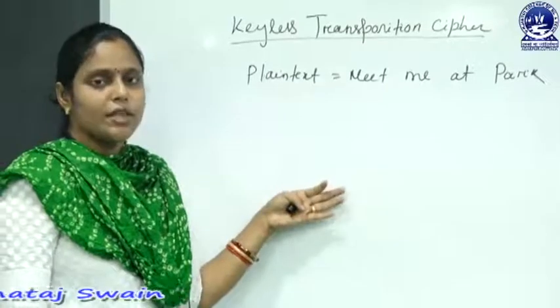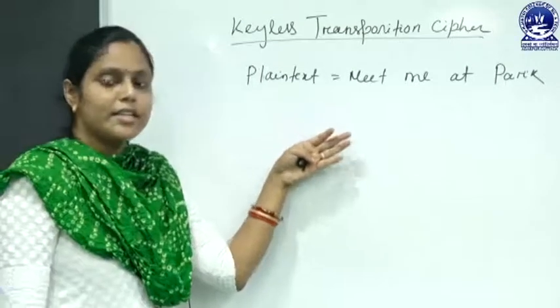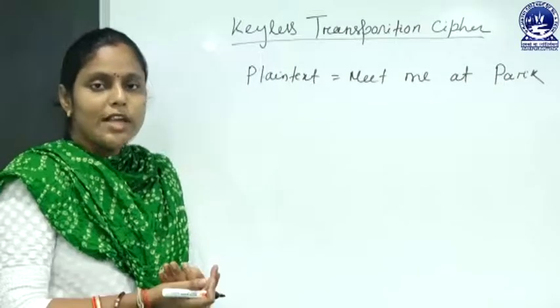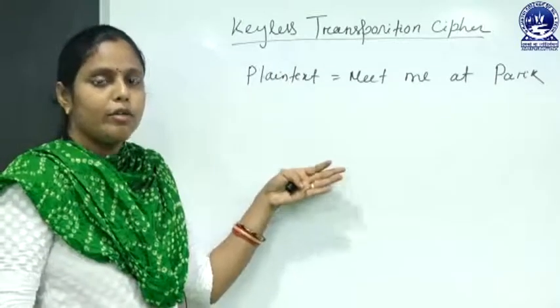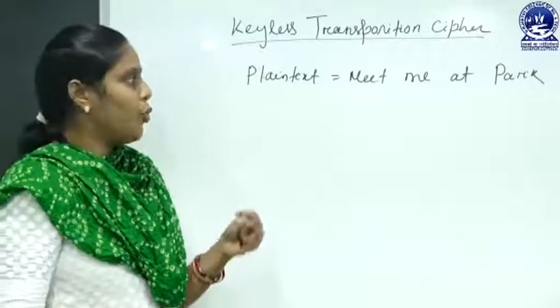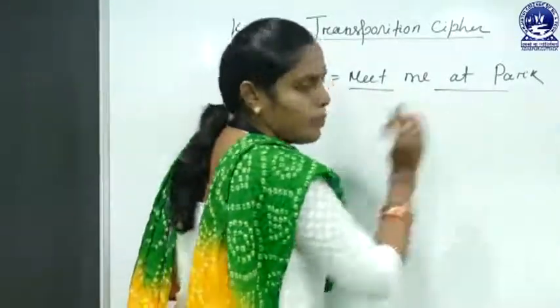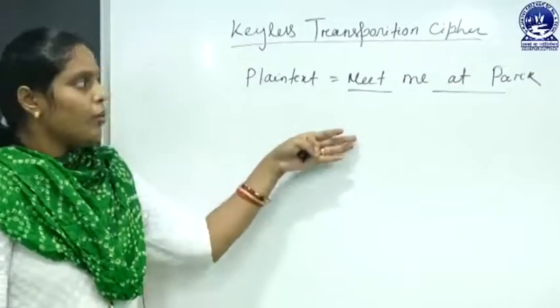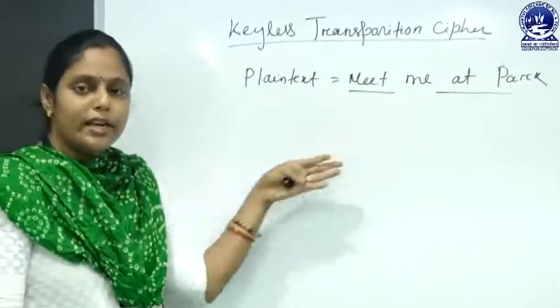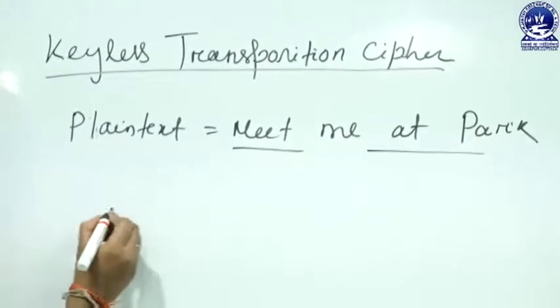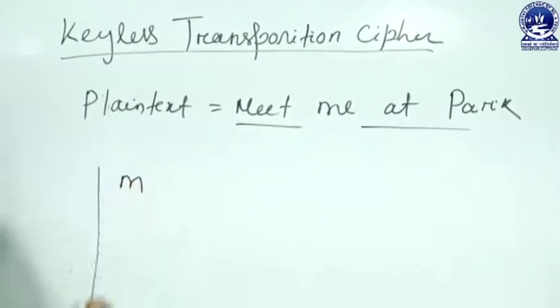In the first method, the plain text is written column by column, and to create the ciphertext, it is read row by row. For example, this is our plain text, meet me at park. Now we write this plain text in a table column by column.